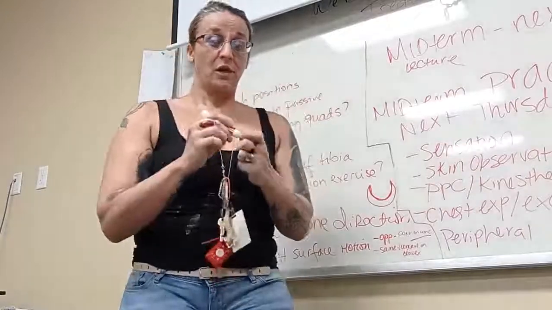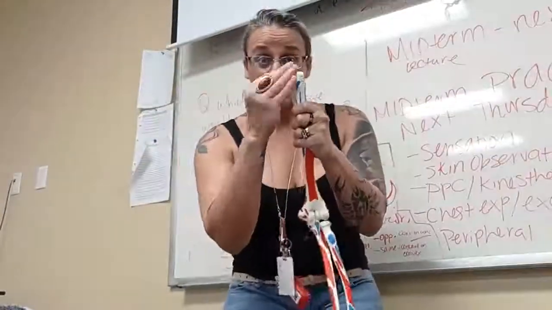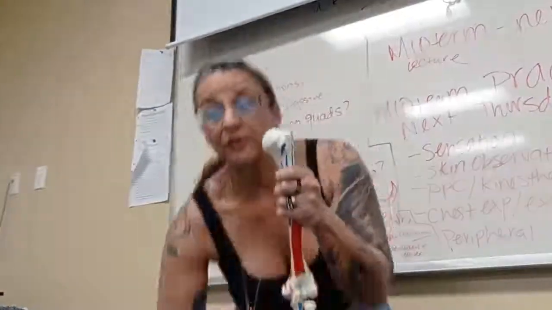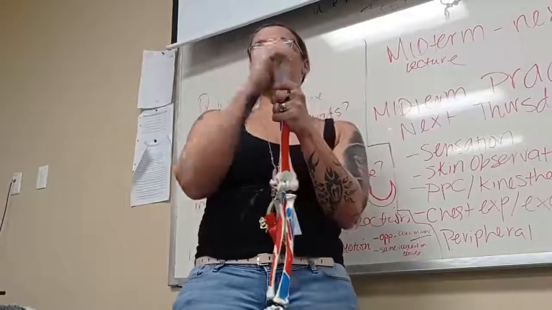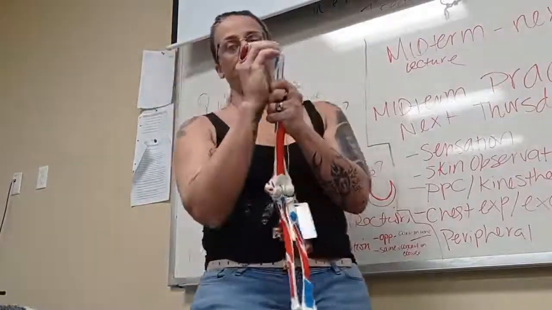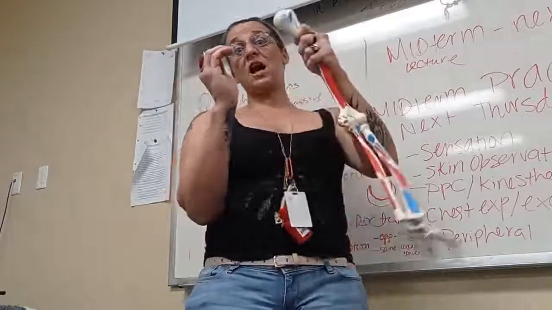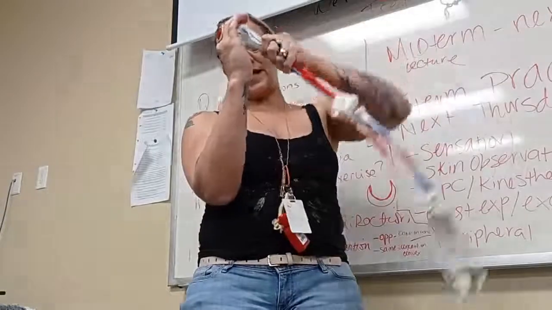Convex is going to be the one that has a protruding situation. Okay? So concave on convex means the concave part is moving on the convex part. Convex on concave means the convex part is moving upon the concave part.